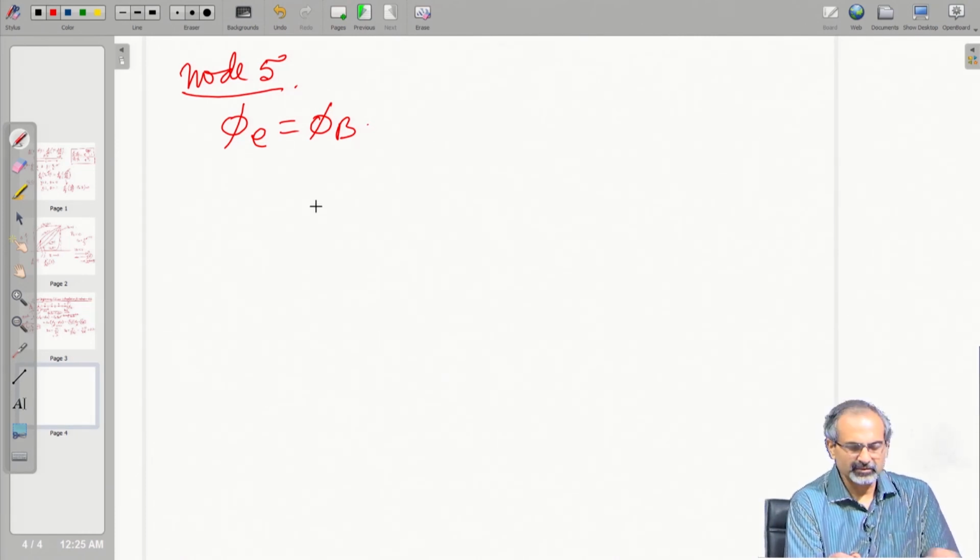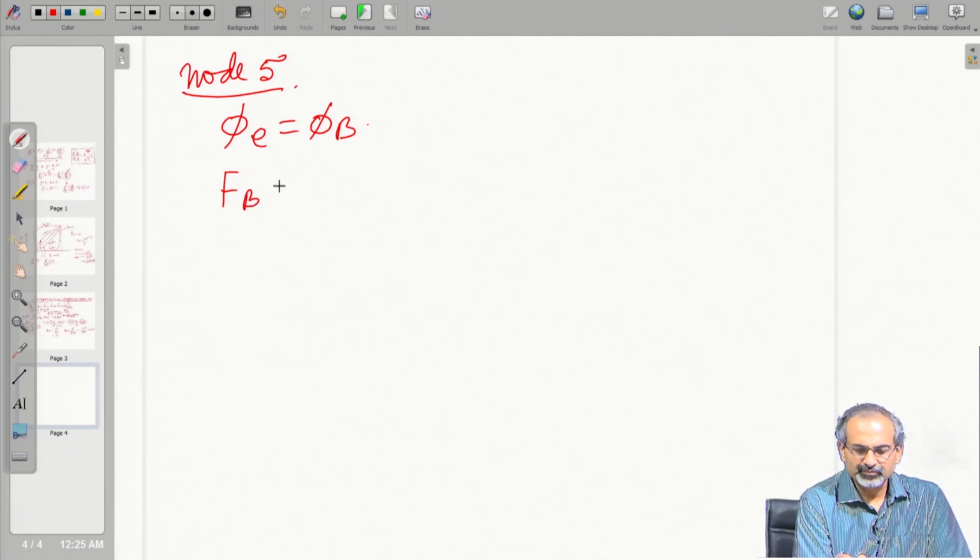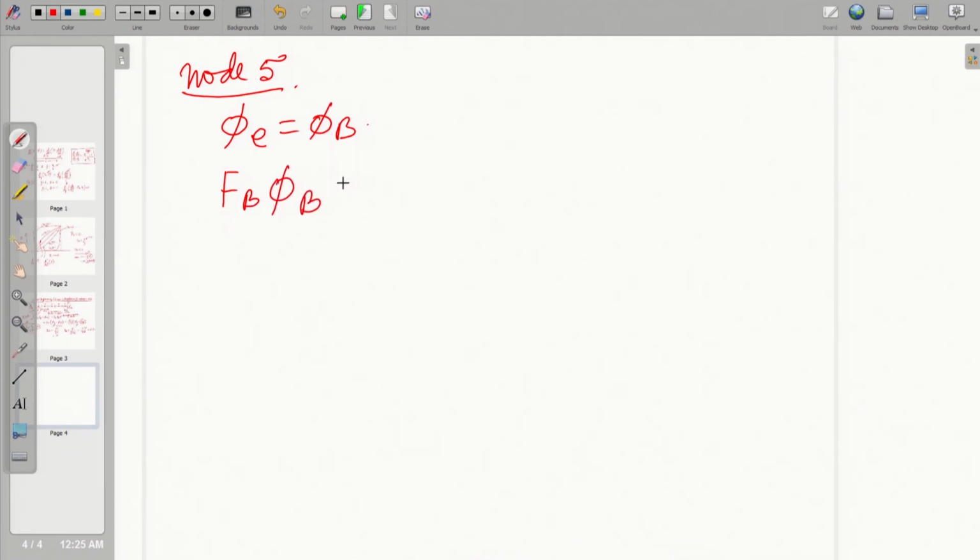So, once we take note of that, we can write down the advective flux like this: F b phi b at the east boundary minus F w by 2 into phi p plus phi w, which remains as the regular linear interpolation.